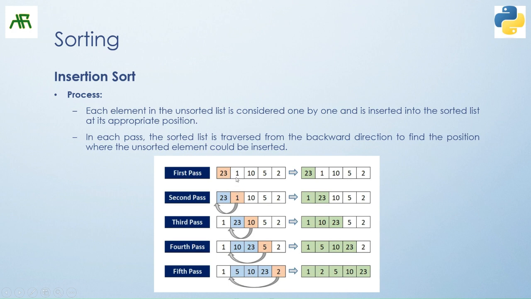Between 23 and 1, nothing will happen. And between 1 and 10, 10 will come in between 23 and 1, and so on. So depending on the order we require, we go through each and every element and find out where it should fit in, working backwards.